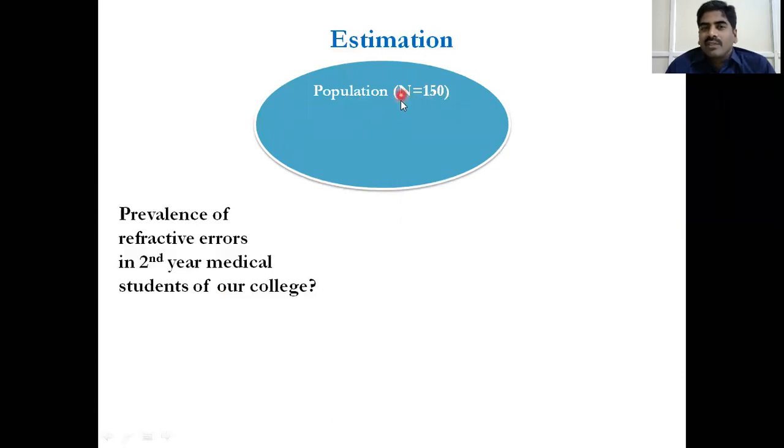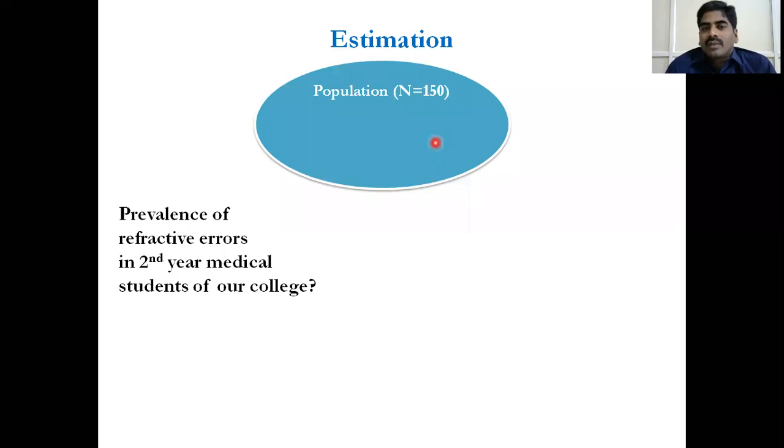Why are we representing it with capital N? Because N represents the population. All population parameters you should represent with capital letters, and all sample statistics with small letters. Suppose you calculate the mean for the population, you can represent it with capital X bar.